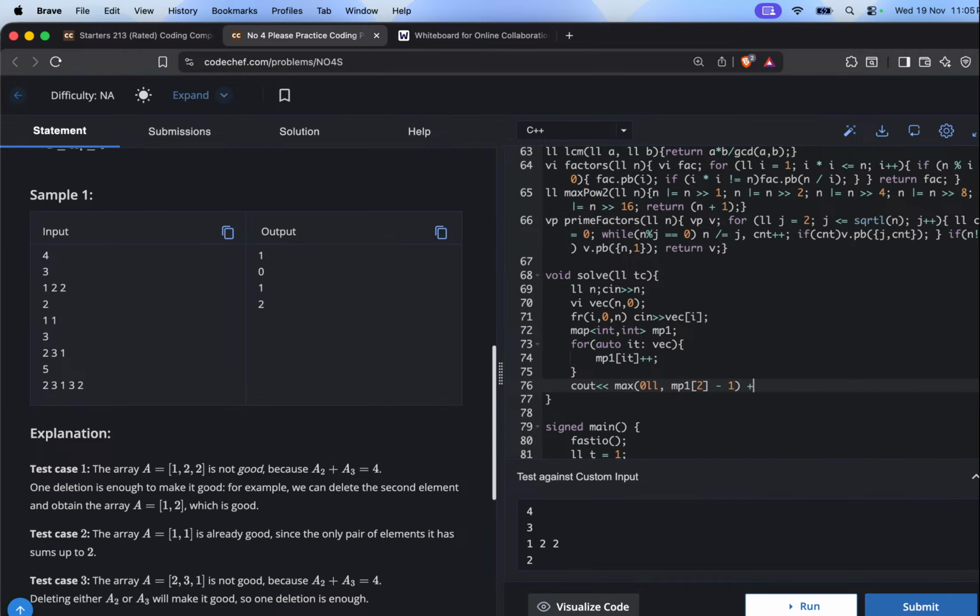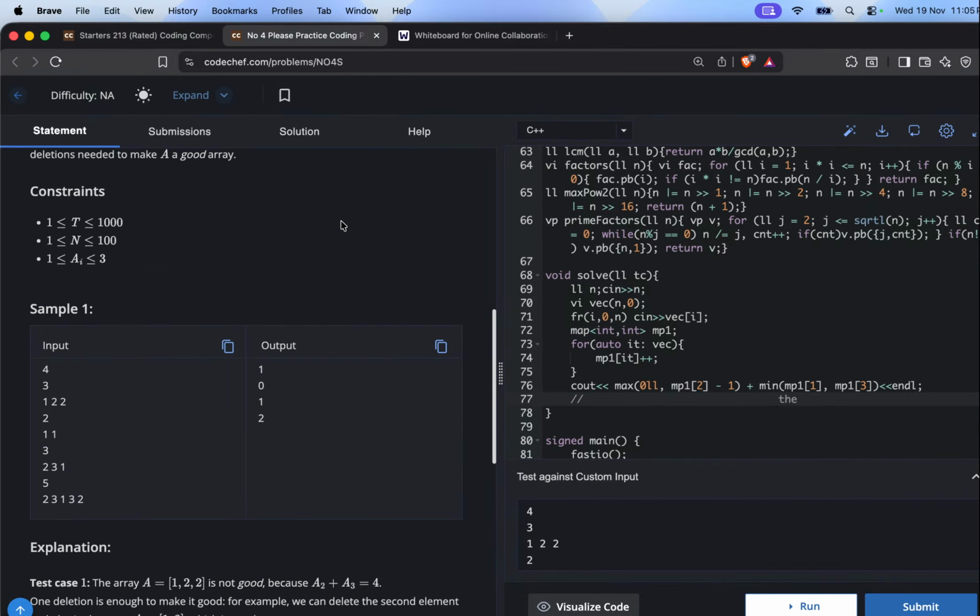So what does this statement mean? The second statement means that either 1 or 3 should be removed completely.